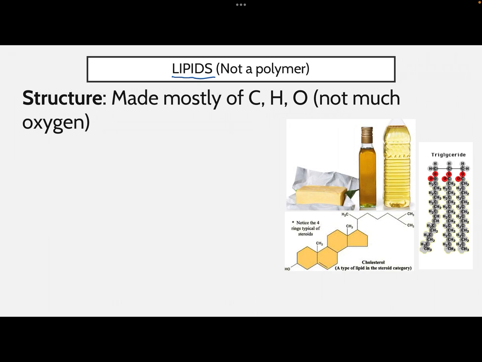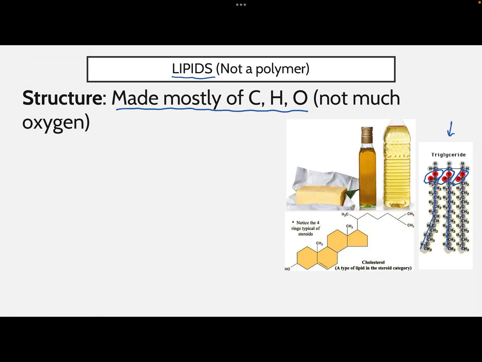Like carbohydrates, they are made up of carbon, hydrogen, and oxygen, but the difference is they don't have nearly as much oxygen. When you look at carbohydrates, there's an oxygen for every carbon atom. When you look at lipids, there's usually only a couple of oxygens. You can see here the oxygens are highlighted in red. There's only two in each of these long chains of carbon.